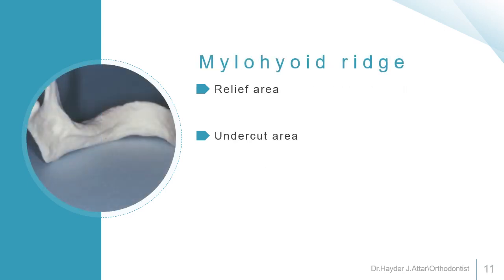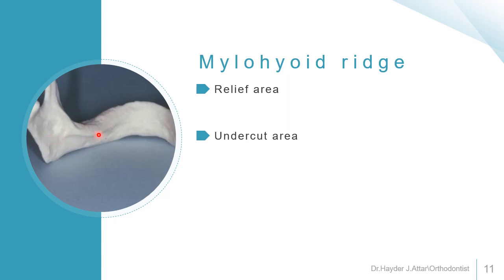From the lingual surface, we find the mylohyoid ridge, which represents the insertion area of the mylohyoid muscle. This ridge extends anteriorly from the inferior border of the mandible and extends distally to flush with the lingual surface of the mandible.